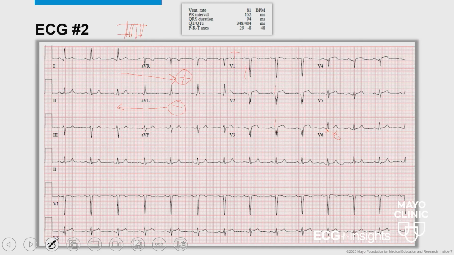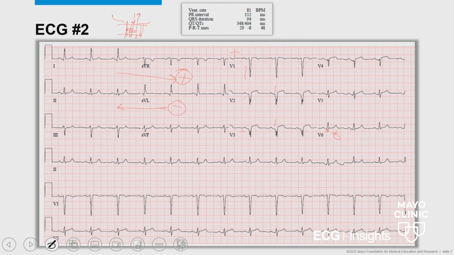And if that's the case, there is no way electricity can go here because this is all dead, but the electricity or some surrounding areas can start from there, and whenever an activation is starting from there, you get a negative wave. Activation going towards an electrode makes a positive wave. Activation starting from an electrode makes a negative wave. Because now the activation is starting from V2, V3, V4, you don't get that R wave, you're just getting all Q wave because all this area is quite scarred.